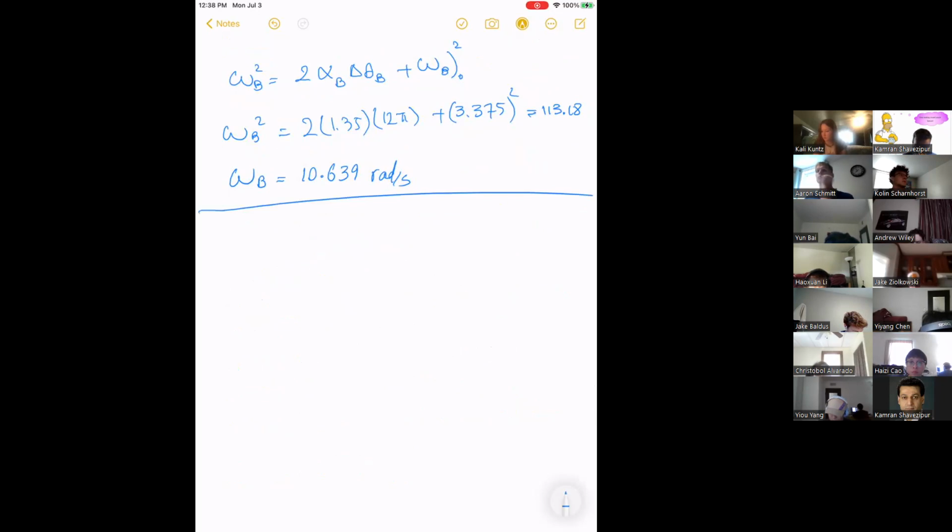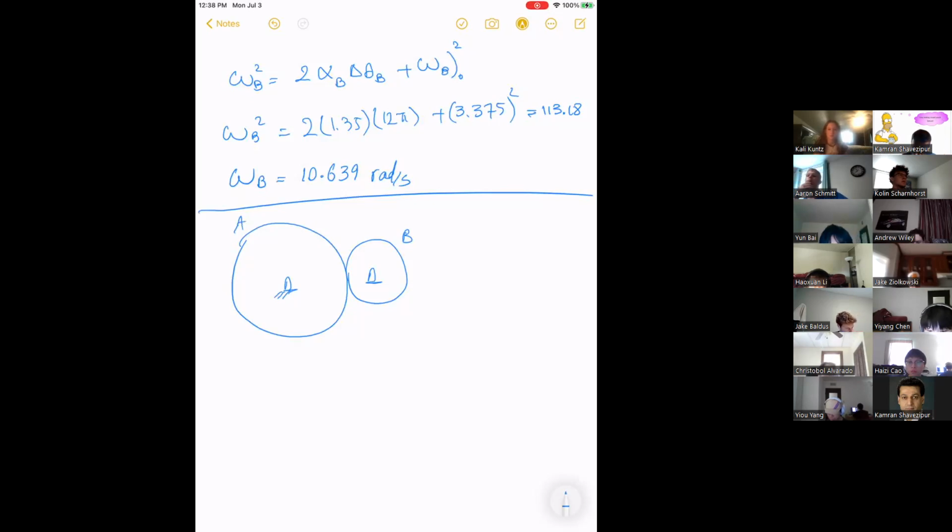Imagine you have two gears. I'm not going to draw the teeth. Let's say this is gear A and this is gear B. It could be a disc, it could be a gear. The point is, when you have gears, at the contact point, because of the teeth, they move together.